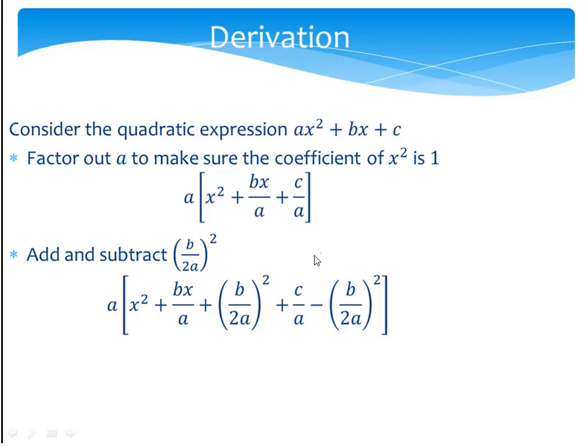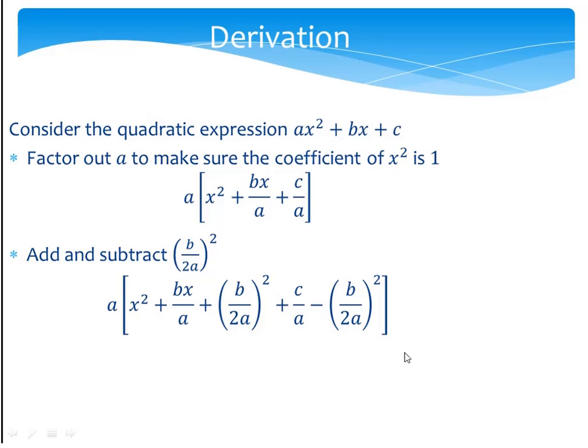And then we divide the coefficient of x by 2, and then we square it. After squaring it, we add and subtract (b over 2a) squared. So this is what I've done here. I added (b over 2a) squared here, and then at the very end, I subtracted the (b over 2a) squared.